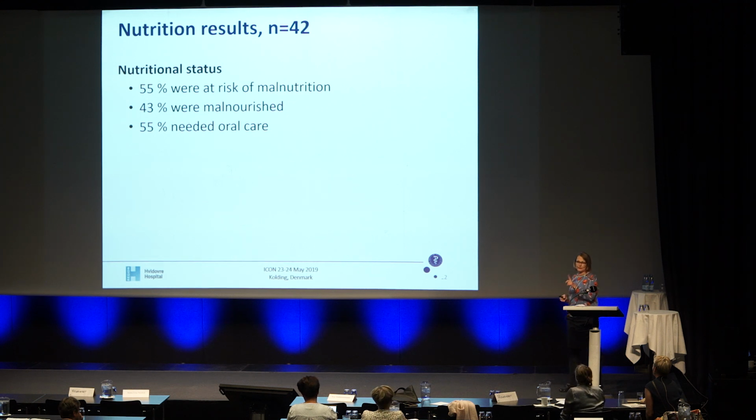I only had one patient who didn't have a nutritional risk. Also, we found that 55% explained that they needed help with oral care or help to brush their teeth.